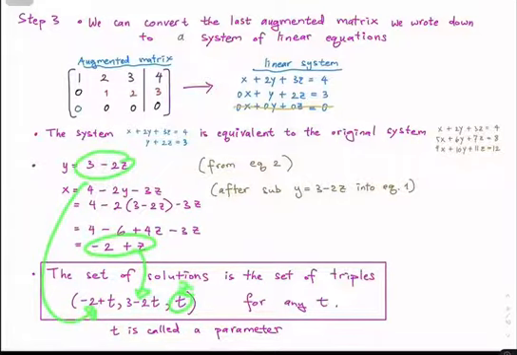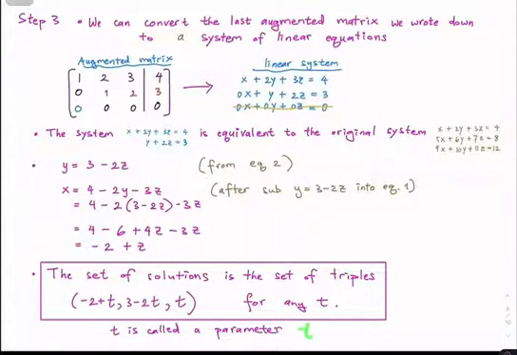I've replaced z with t to make it clear that it's a parameter. So this set of solutions has more than one triple. For example, if t is equal to 0, I can put that in here and I'll get a triple. I can also do t is equal to 1/2 and I'll get a different triple. In fact, there are infinitely many solutions.